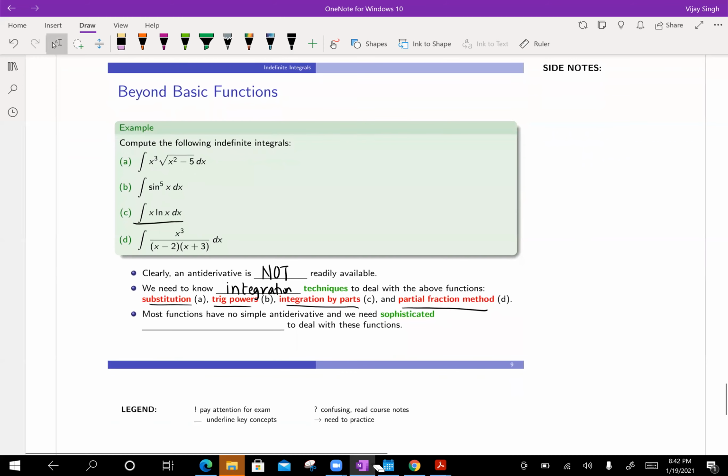Now, most of the functions have no simple antiderivative, and we need approximation techniques to deal with those functions. Just because you have a function doesn't mean that you can always integrate it. Some functions you cannot write down the elementary antiderivative. All right, thank you.